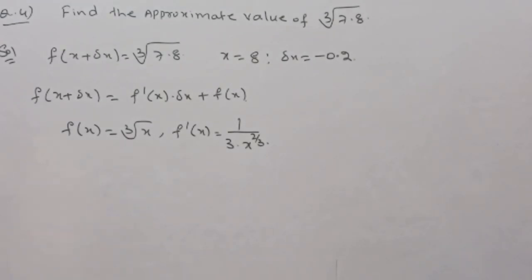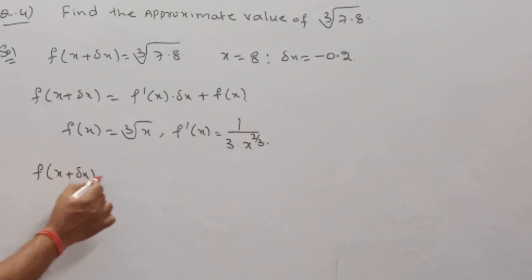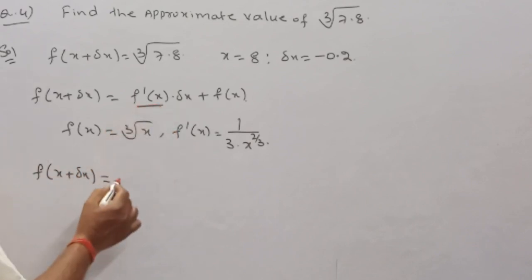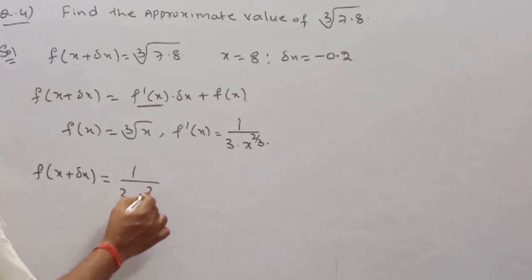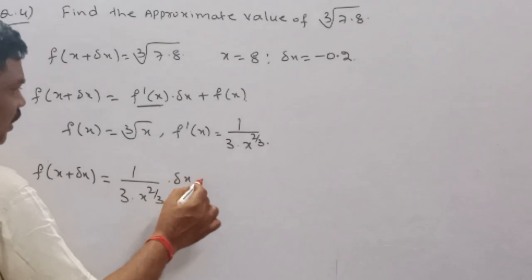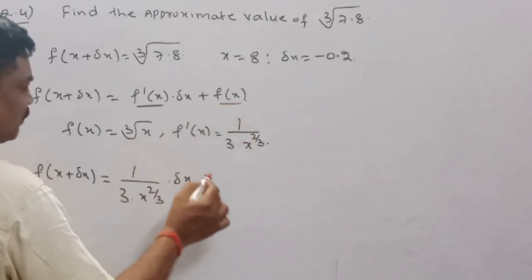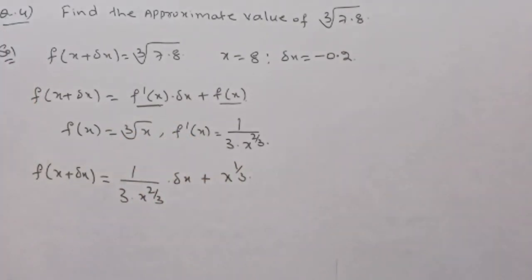Okay, all of you. Then f of x plus delta x is equal to f dash of x, 1 by 3 into x power 2 by 3, into delta x plus f of x, cube root of x, this is x power 1 by 3.